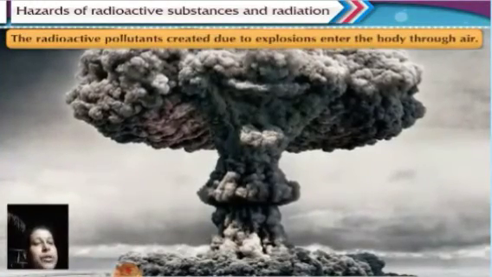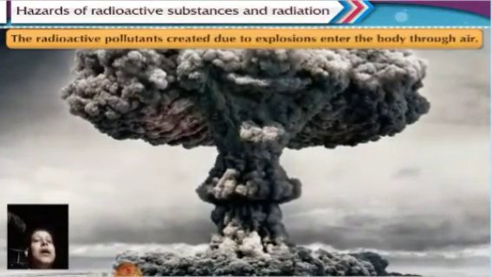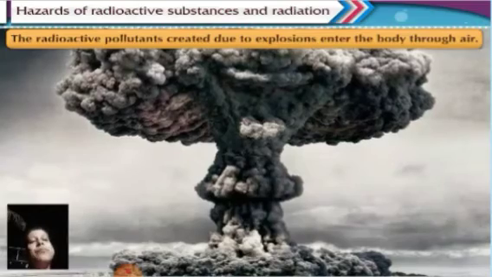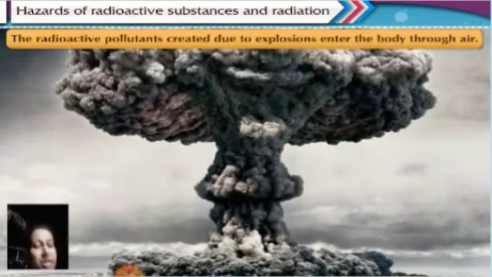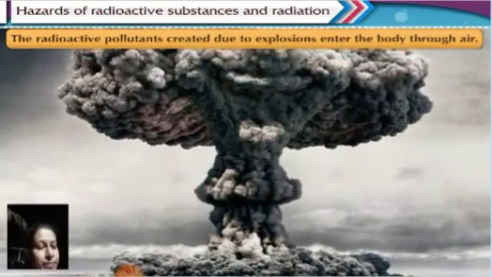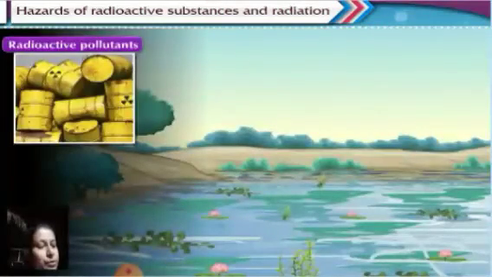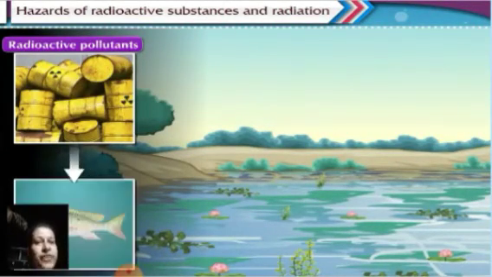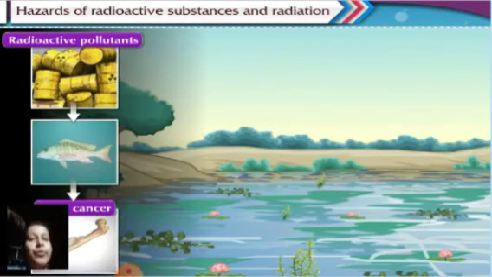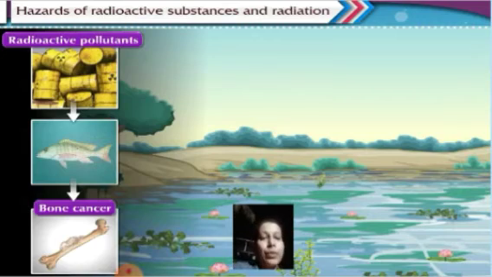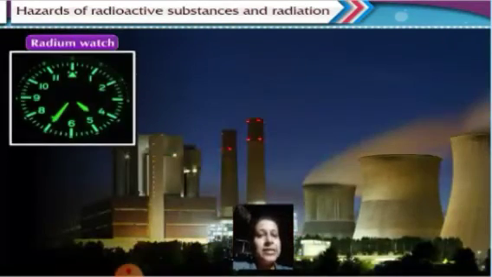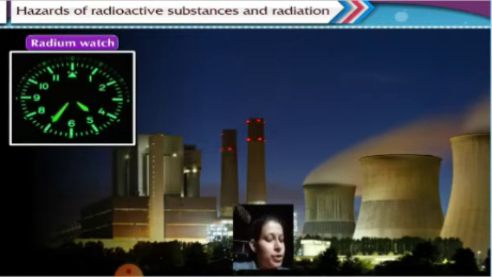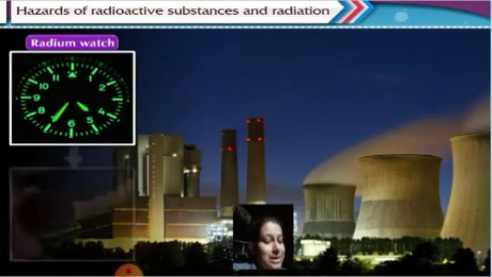Then the radioactive pollutants created due to explosion enter the body through the air, and it is very difficult to control them. Radioactive pollutants released in the sea enter the bodies of fishes, and through them may enter human bodies and can cause bone cancer. The radioactive paint on a watch can also cause cancer.